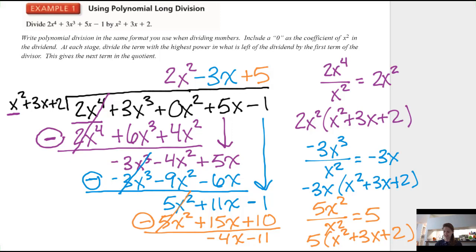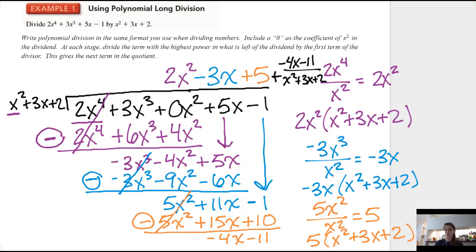I can't divide negative 4x by x squared. There's not enough there, so this is my remainder. My remainder is negative 4x minus 11 over the divisor, which is x squared plus 3x plus 2.